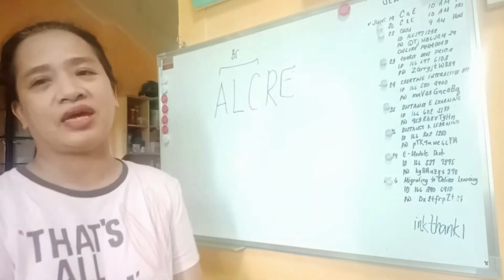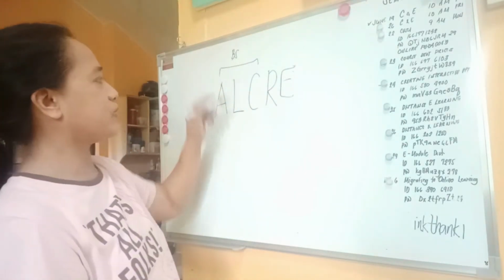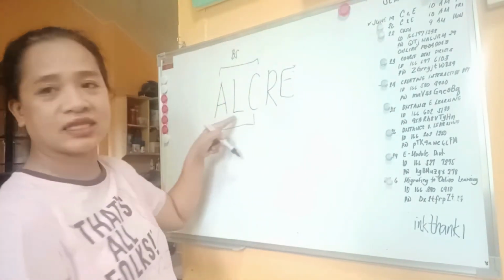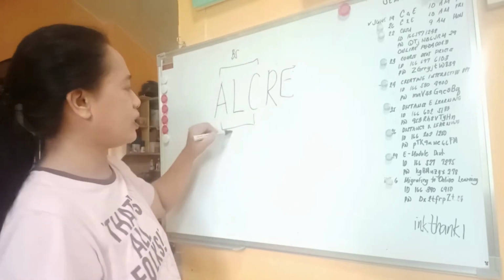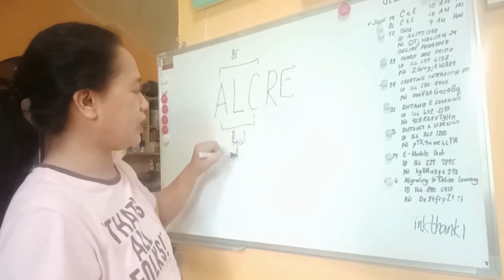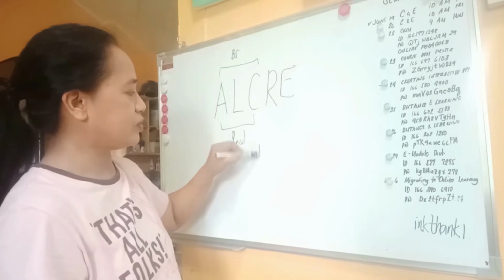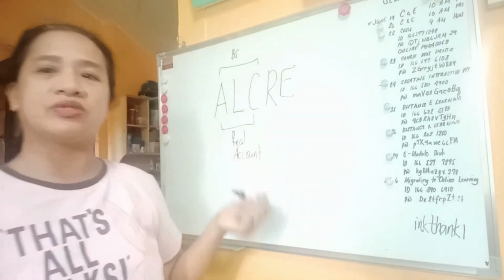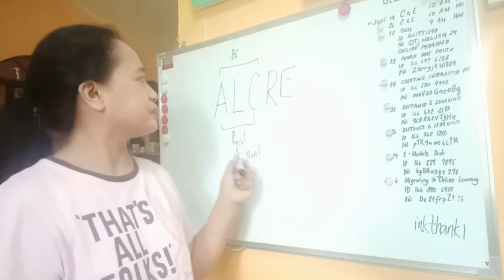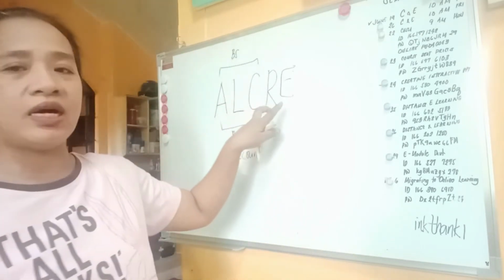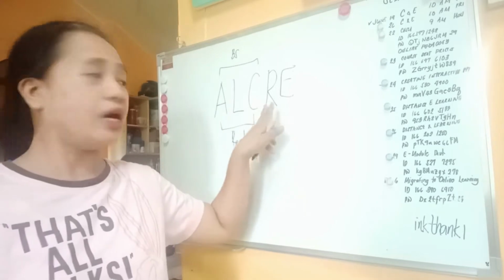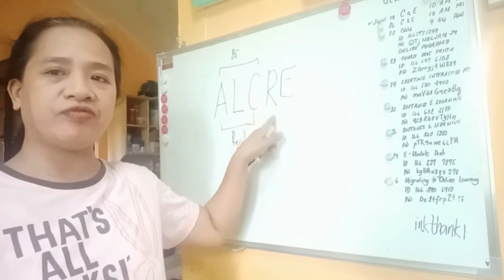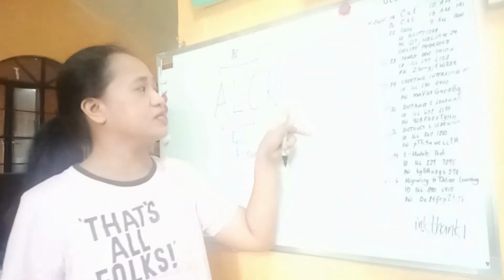Okay? And then because this is part of balance sheet, asset, liabilities, and capital are real accounts. So when you say real, at the beginning and at the end of the year, you will see those accounts. And then we have the 2 remaining accounts, which is the R for revenue and E for expenses.